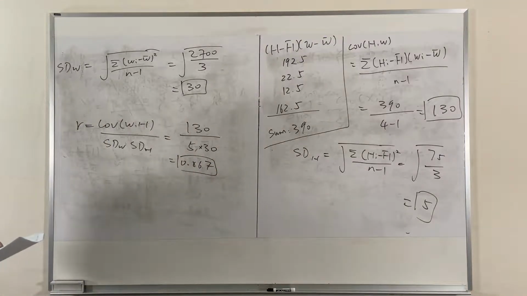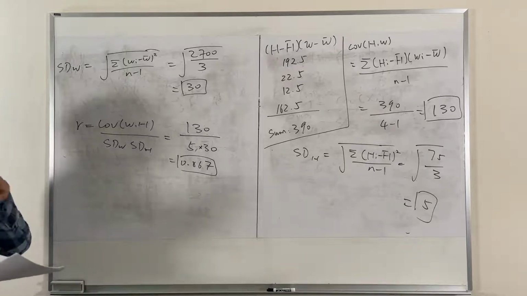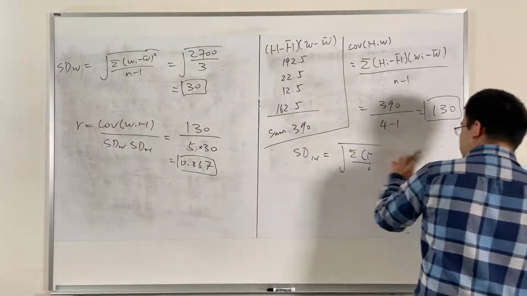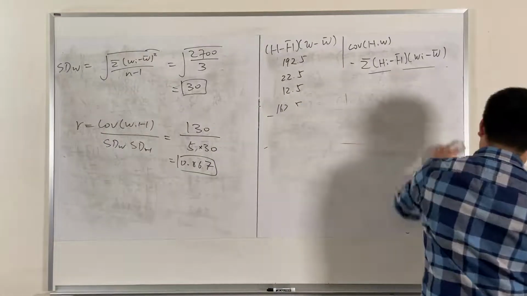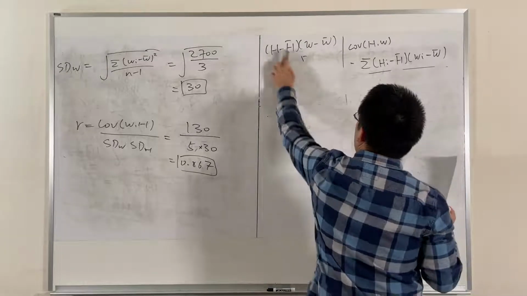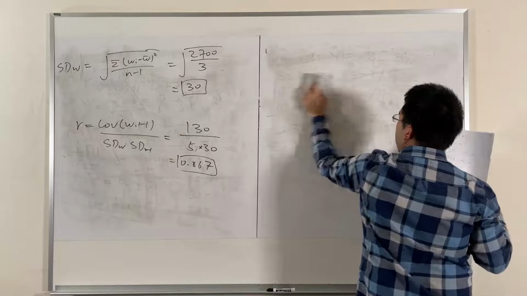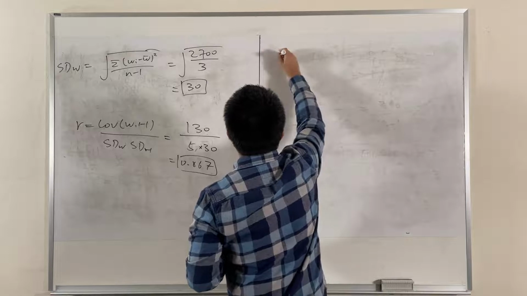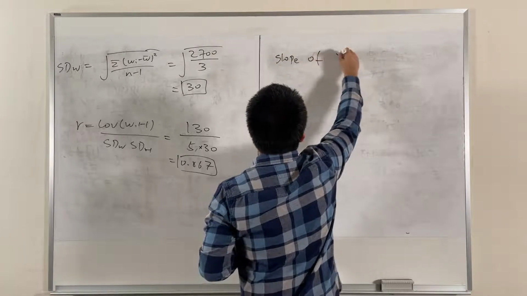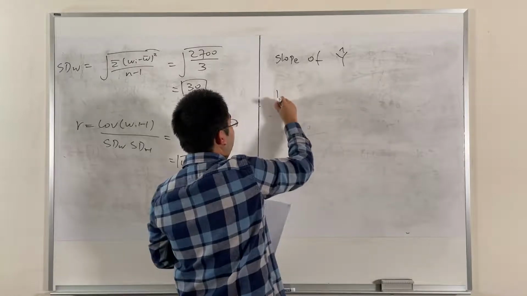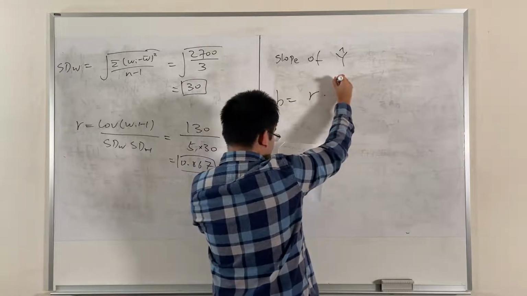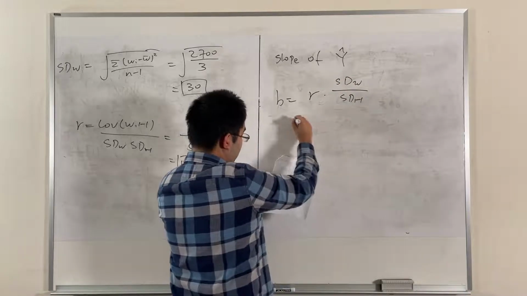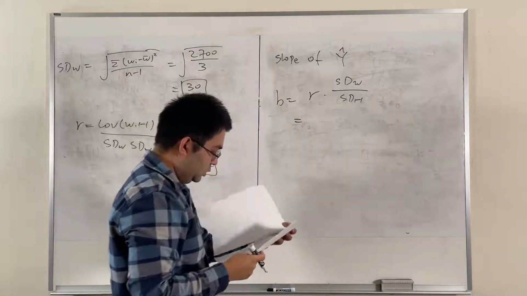And then, what's our slope of y hat? The slope of our regression line. So our slope of y hat, which is b, equals Pearson's r times the standard deviation of weight over the standard deviation of height, right? Let me make sure it's correct.